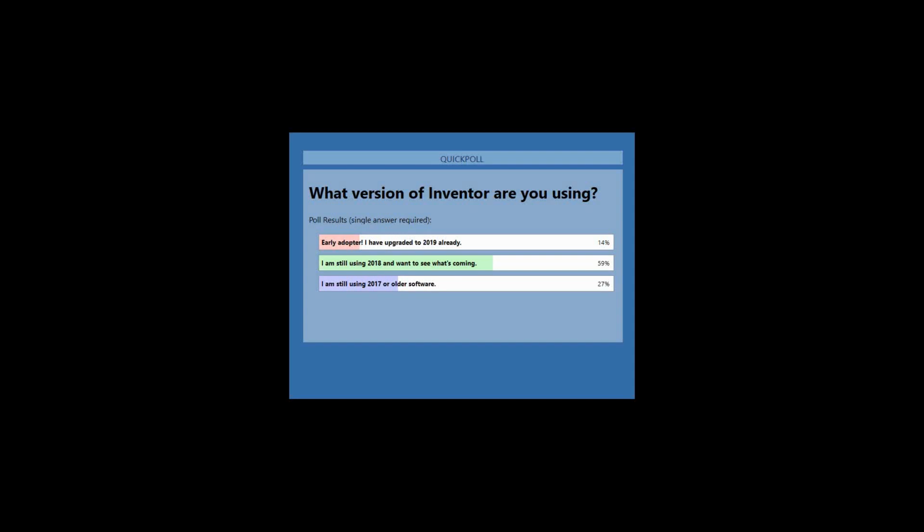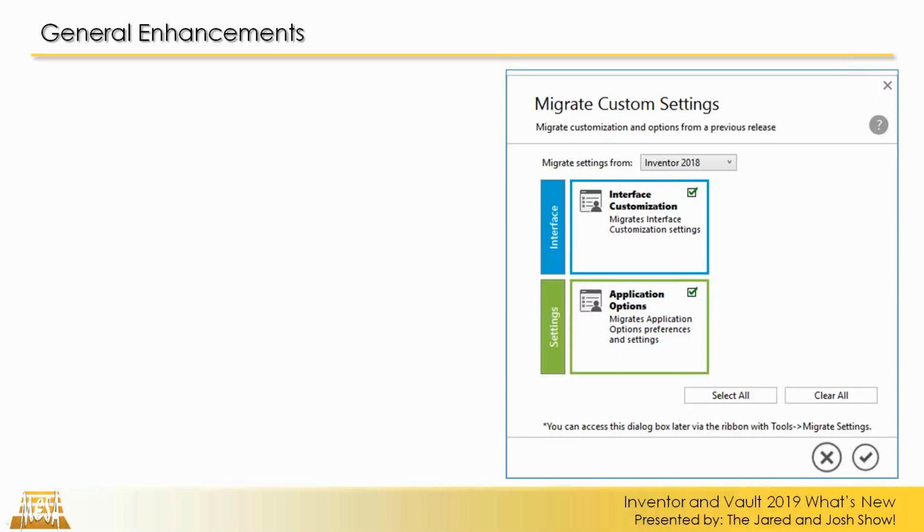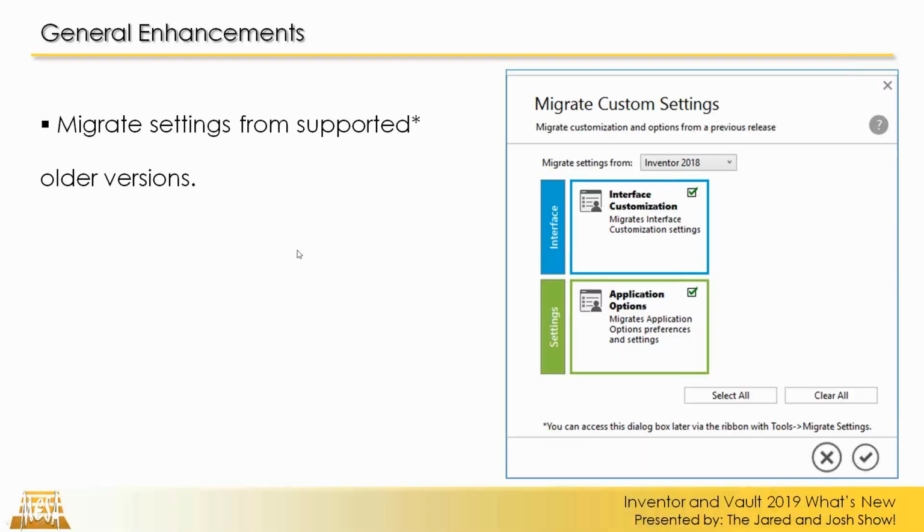Okay, so you guys can see we got almost 60% are still using 2018. About a quarter of you guys are using an older version, and a few of you, 14% of you, have already updated to the Inventor 2019 software. That's good. All right, let me switch back over to the PowerPoint slide.